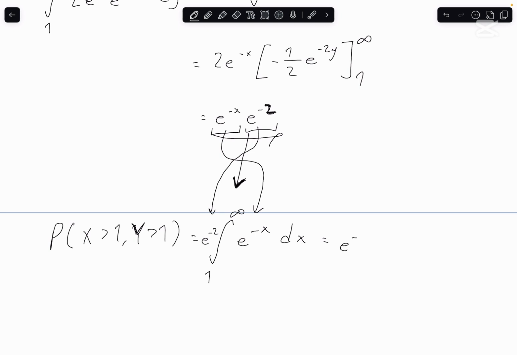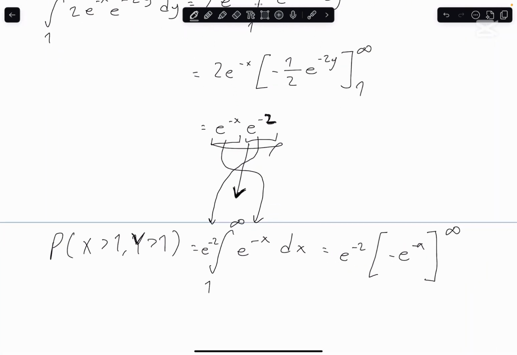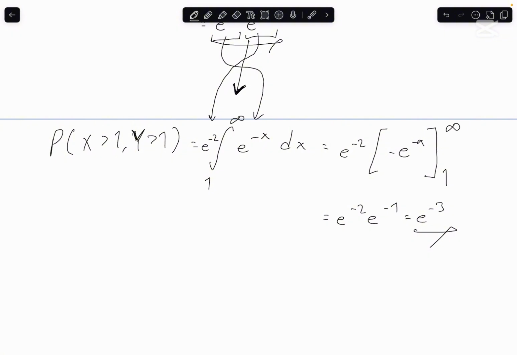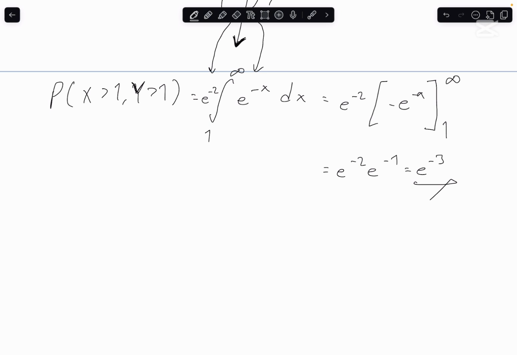This equals to, and this is approximately 0.0498, we can say almost 5%.